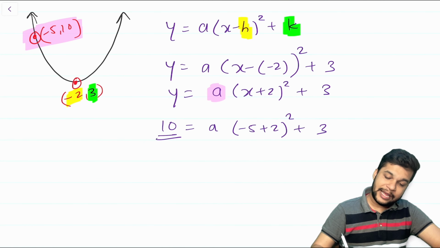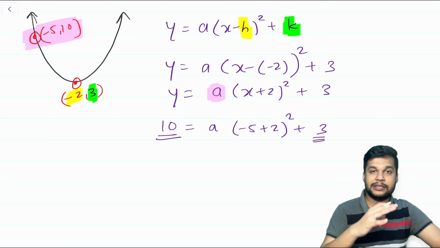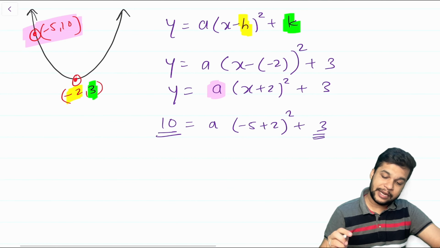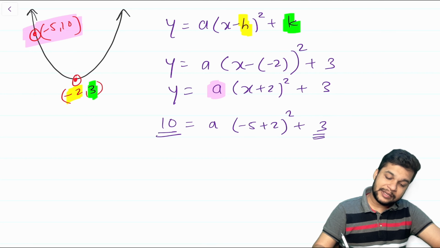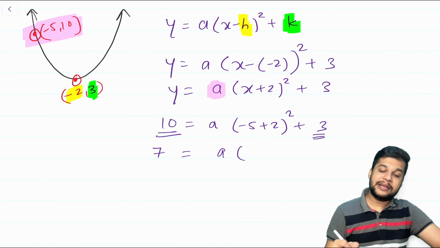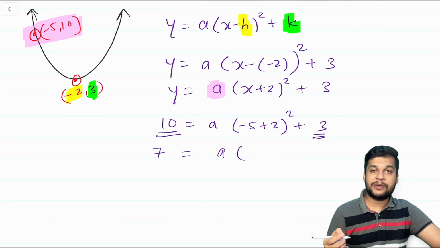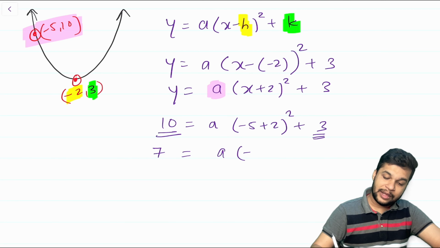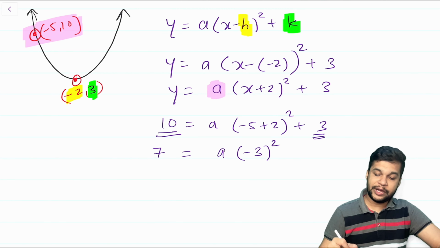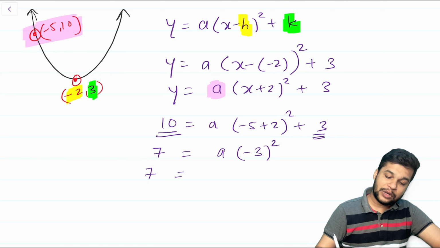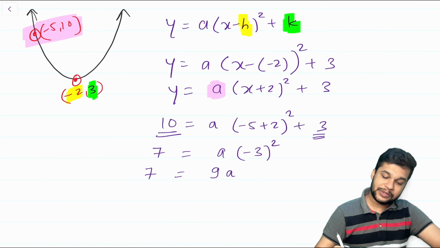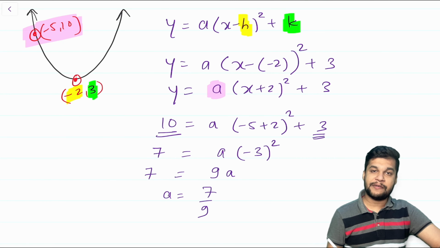Let's move 3 to the other side. So it becomes 10 minus 3, 7, equal to a times minus 5 plus 2, which is minus 3, whole square. So 7 equal to 9 times a, and a will be equal to 7 over 9.